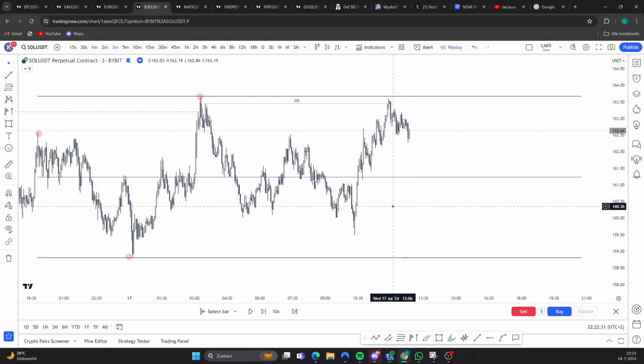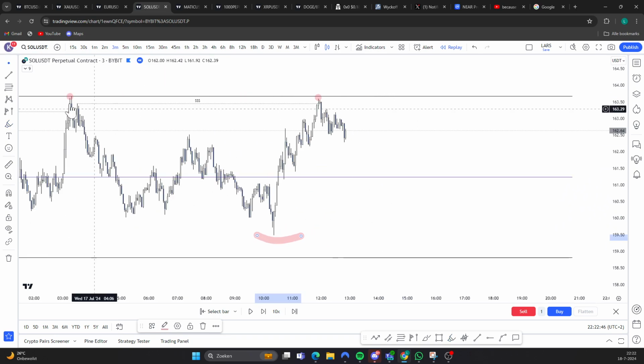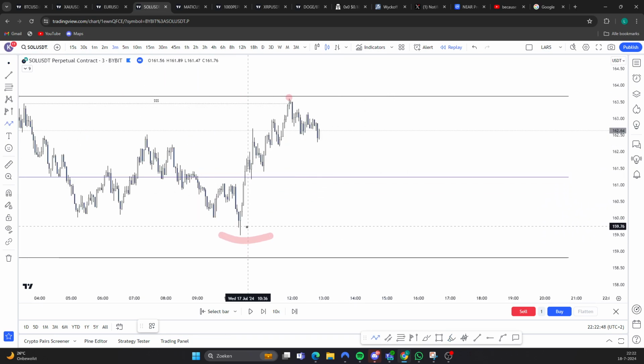So we have to measure what is the structure from the lowest point towards the highest point between tap 2 and tap 3. So let's say this is potentially going to be tap 3, tap 2, tap 3. This is the lowest point between tap 2 and tap 3. And then we measure the structure from the low up. We have a high, higher high, higher low, higher high, higher low, higher high.